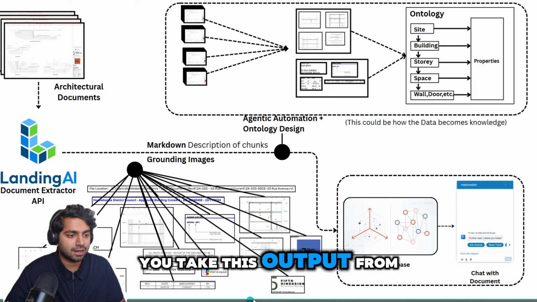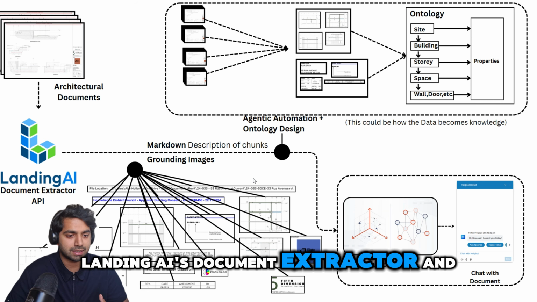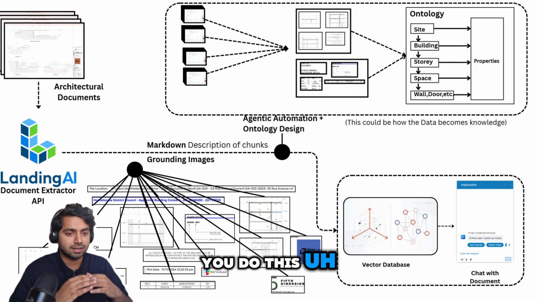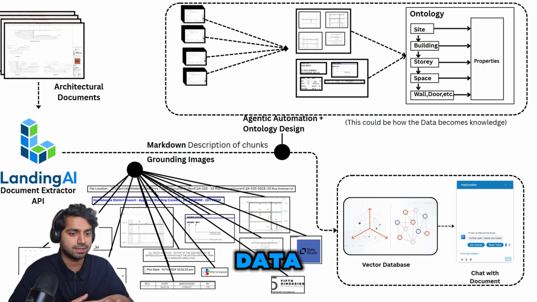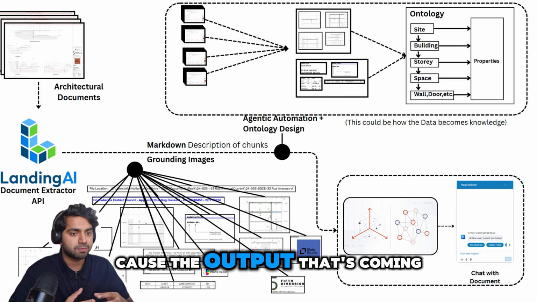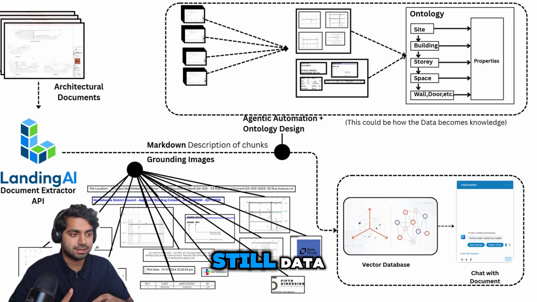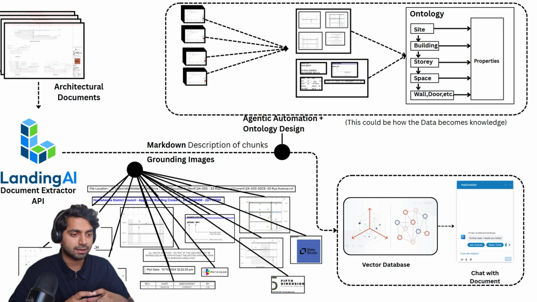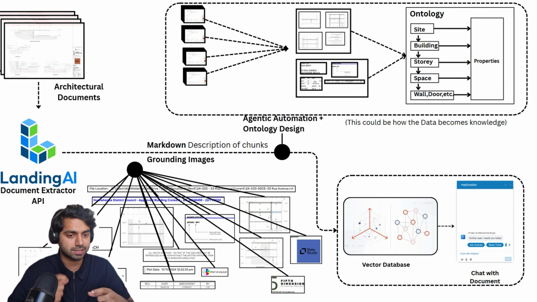So an approach I thought of, which I think would be interesting to explore, is that you take this output from Landing AI's document extractor, and then you do this ontology design where you try to make sense of this data. The output coming out of Landing AI's API is still data, but for it to be knowledge, it needs to know how an element relates to a space.